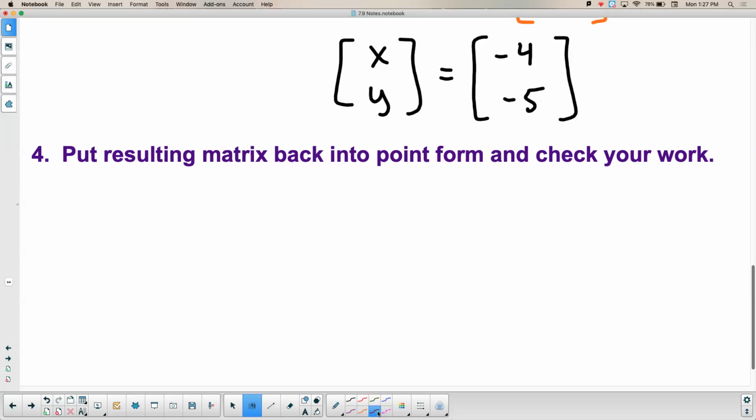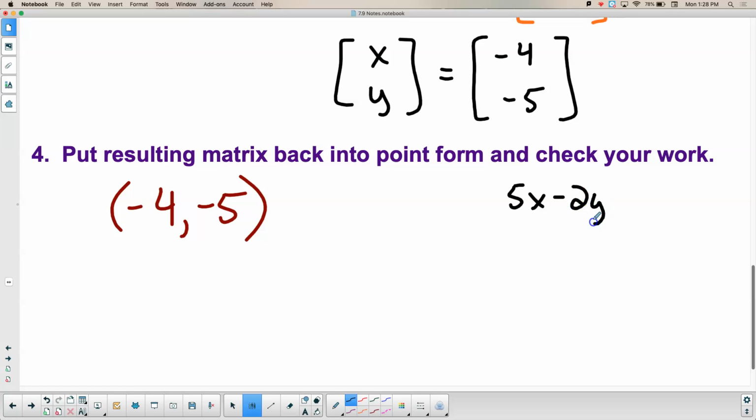So my solution here would be that, and at the same time, I can go back and I can check my work. My original equation was 5x minus 2y equals negative 10. If I plug in negative 4 for x, that gets me negative 20.